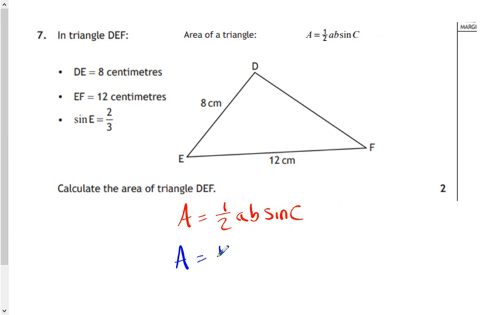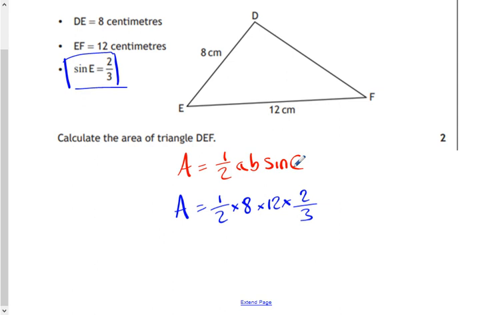So the area is going to be a half times 8 times 12 times sine of the angle, and we were told sine E equals 2/3, so that's 2/3. Sine is gone, okay? Since sine C is equal to sine E in this occasion.